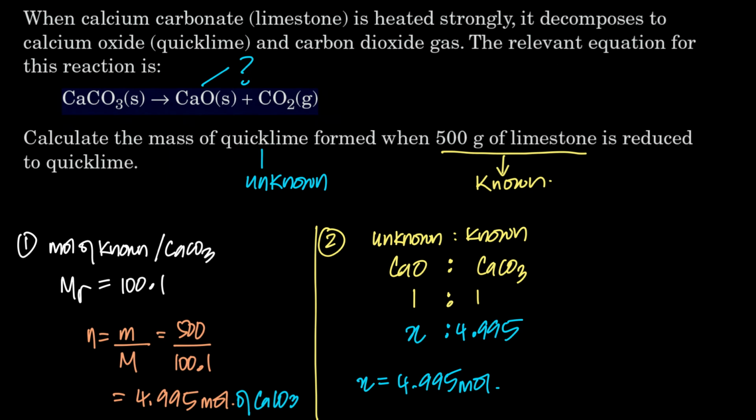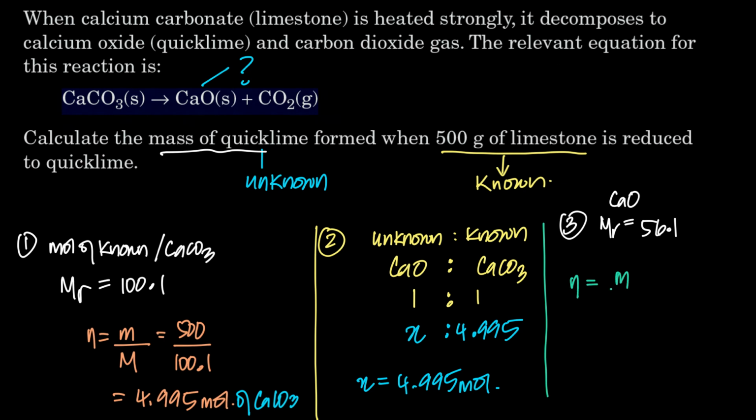And so I have that also, which means that if I now do a third step, now they want the mass of quicklime, which means that I want to first know the MR of calcium oxide, which if you do the math comes out to 56.1. So now what I need is the formula: number of moles is mass over molar mass.